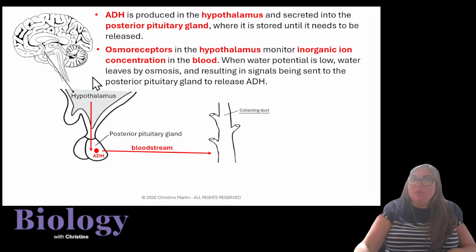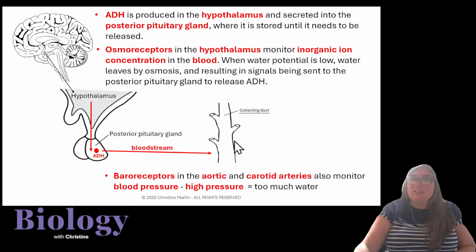So if our water potential is low, water will leave by osmosis, resulting in a signal being sent to the posterior pituitary to release the ADH. The ADH is then transported in the bloodstream to the collecting duct.